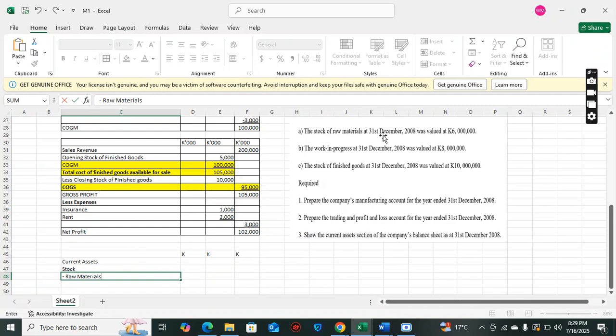These raw materials, 31st December, this 6 million. This is the one I'm putting here, 31st December. We put here 6,000.